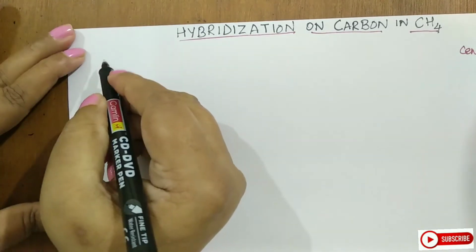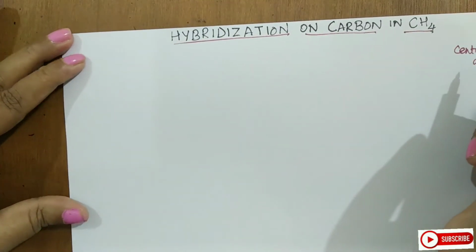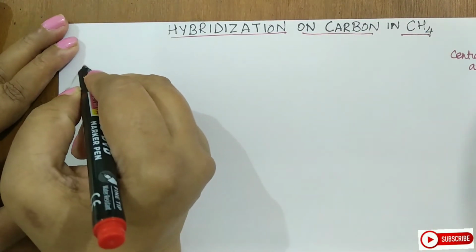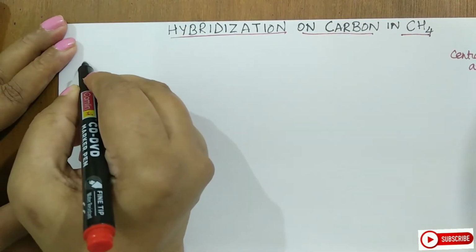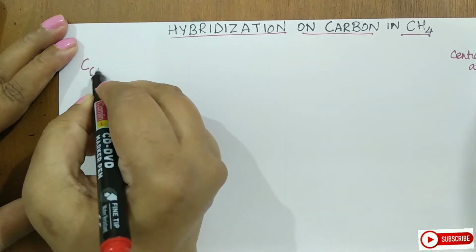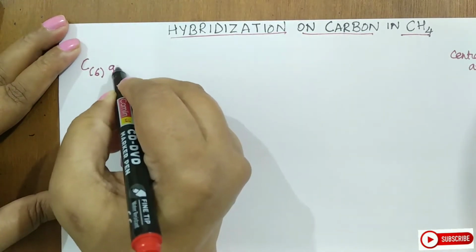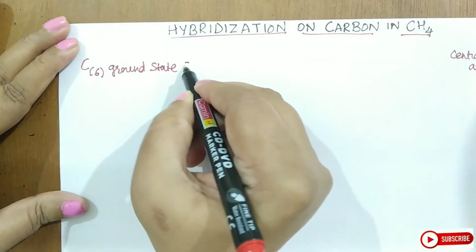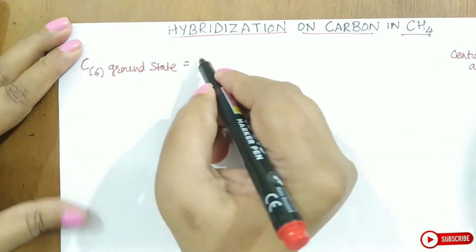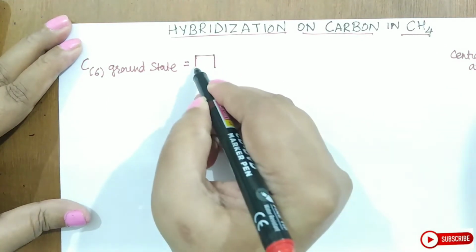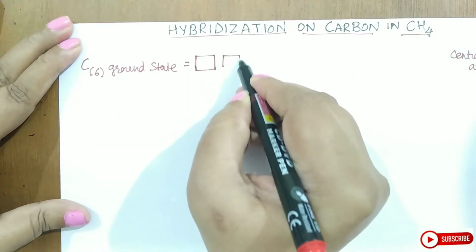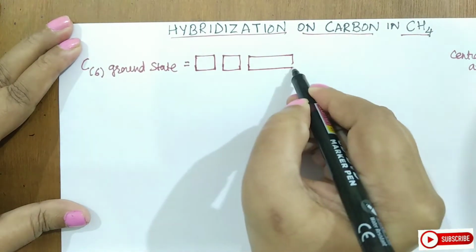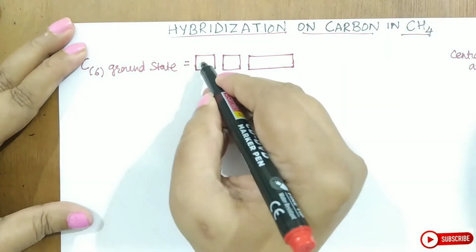Now, you have to always consider the central atom in its ground state. So you know students, the atomic number of carbon is 6. So let us start with carbon with atomic number 6 in its ground state. What is its electronic configuration in the ground state? It is 1s2.